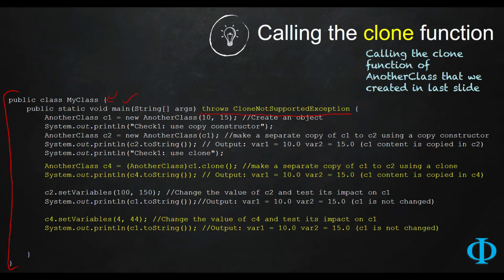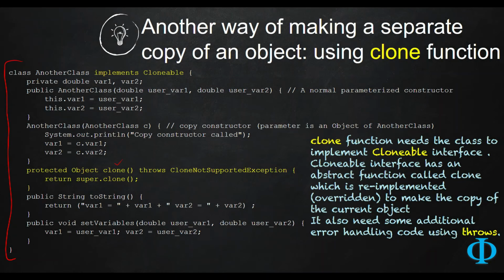So just remember, you have to use this throws and then this CloneNotSupportedException in two different places. First, in the previous slide, when you are overriding this clone function, there you have to use this throws CloneNotSupportedException.